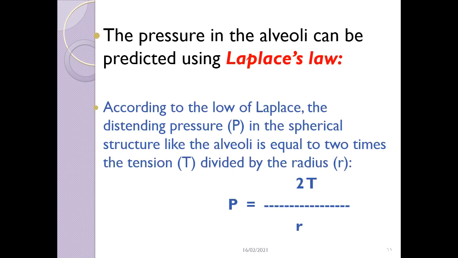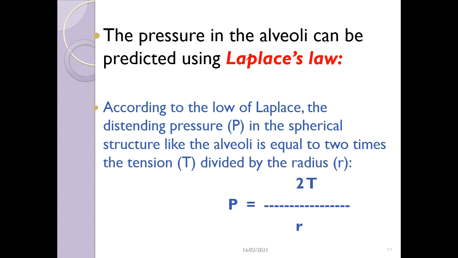The pressure in the alveoli can be predicted using Laplace's law. According to this law, the pressure in spherical structures, like the alveoli, is equal to 2 times the tension divided by the radius. What do we mean by this?